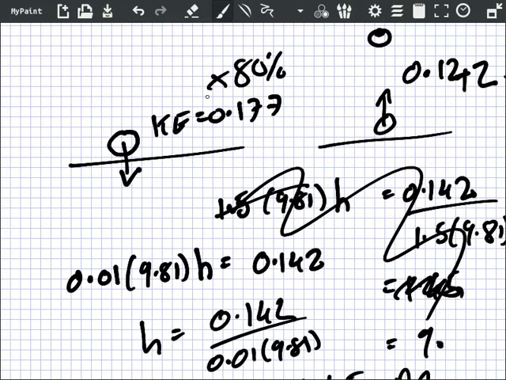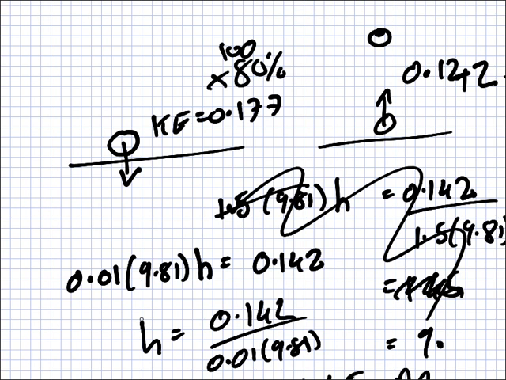Well, because if it was 100%, the answer would be 1.5. It'd be the same, it'd just keep going like this. So if it's 1.5 times 0.8, it is 1.2.